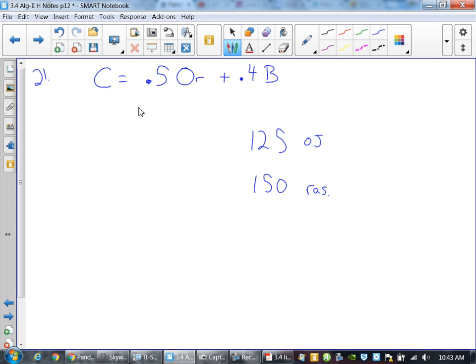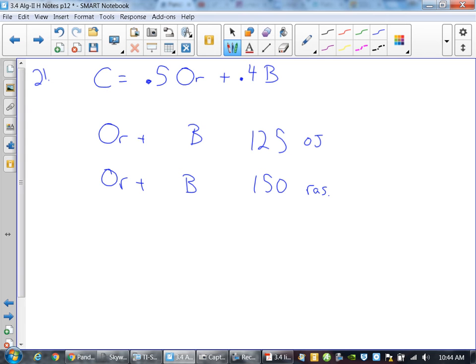Within the two drinks, one of them uses so much orange juice, the other one uses so much orange juice. And with the raspberry, one uses so much raspberry juice, and the other uses so much raspberry juice. You're still mixing it between the Orangeade and the berry stuff.